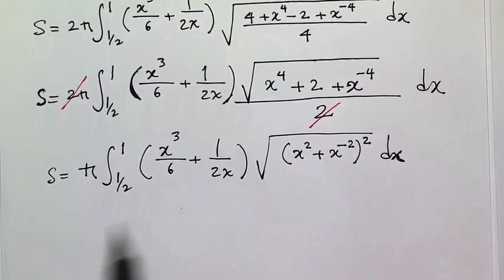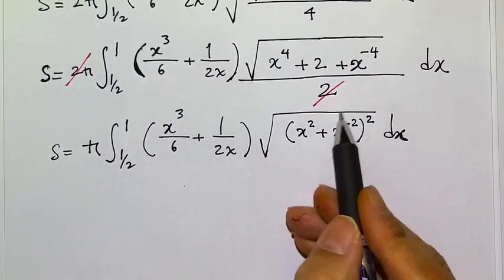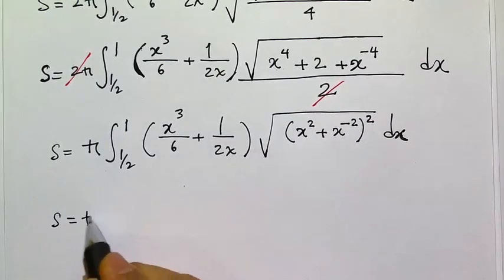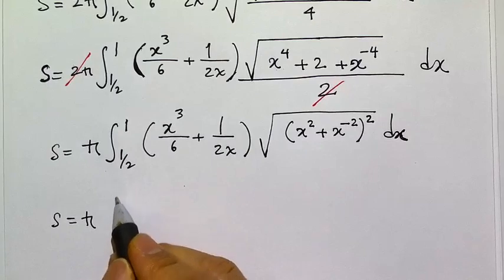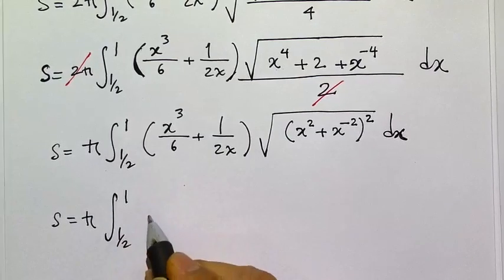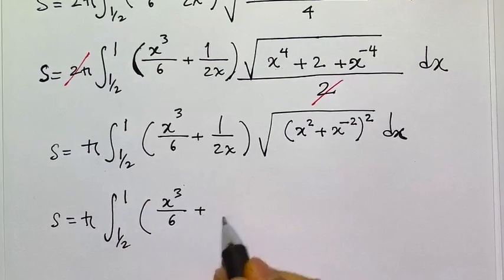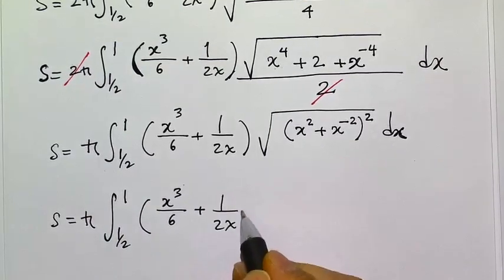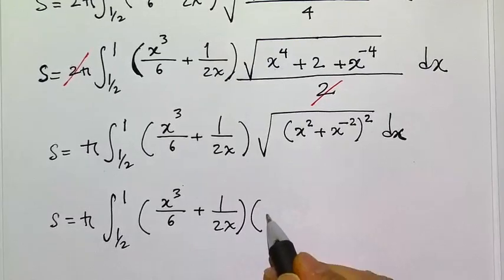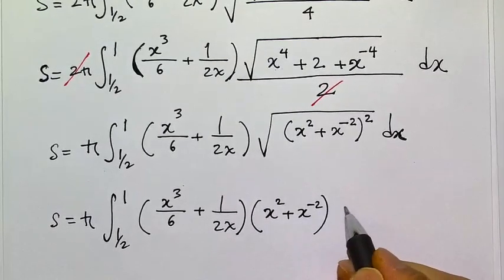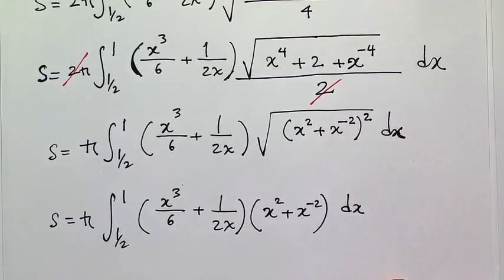So let's distribute or cancel the radical with this power. Like that, and dx.